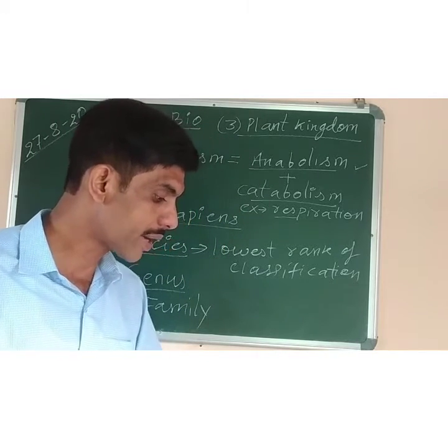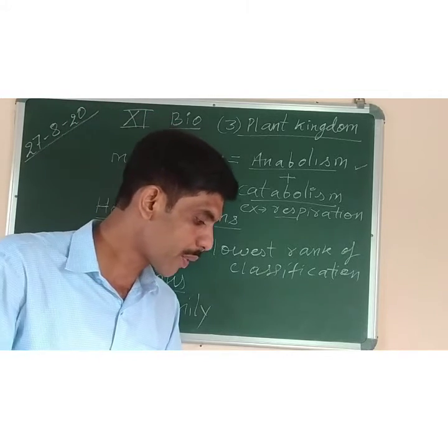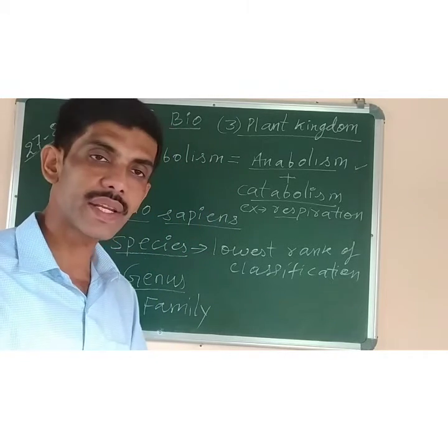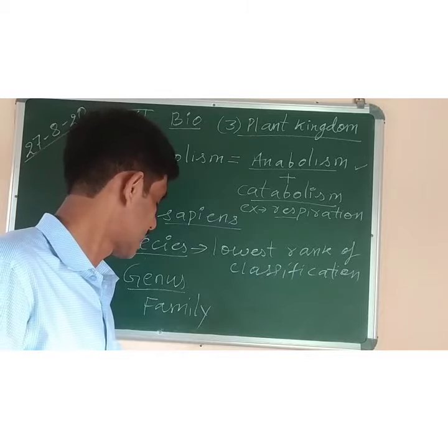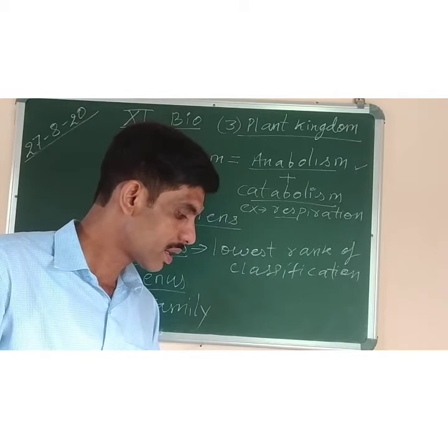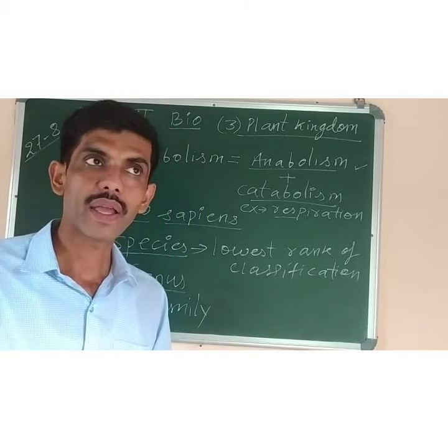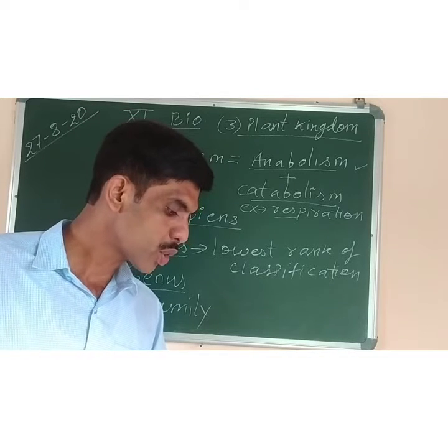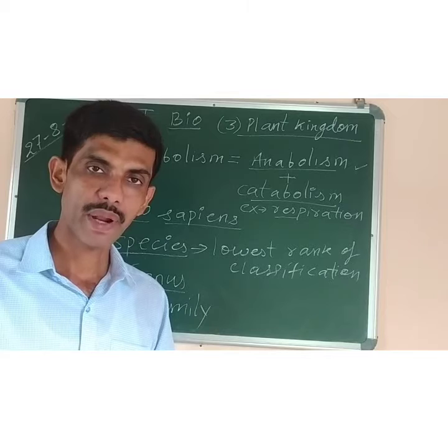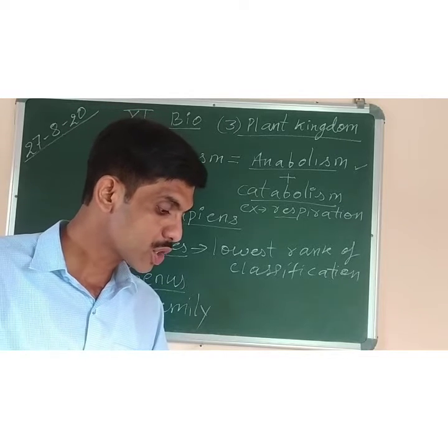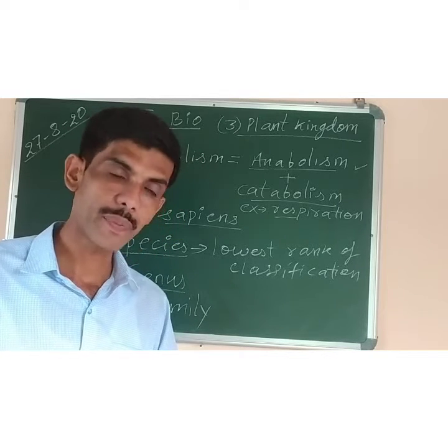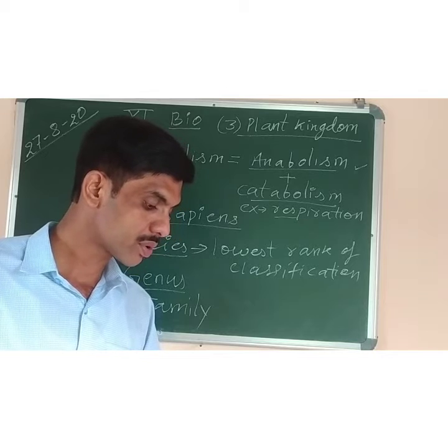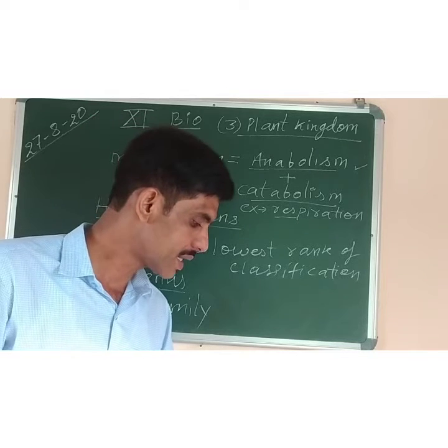Then we have the order. Order means a group of closely related families. One example: the order to which man belongs is Primates. Similarly, housefly belongs to the order called Diptera and mango belongs to the order called Sapindales.